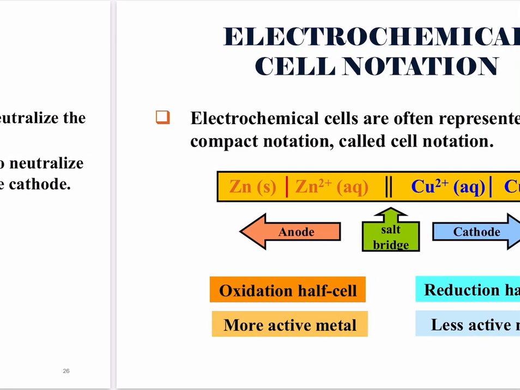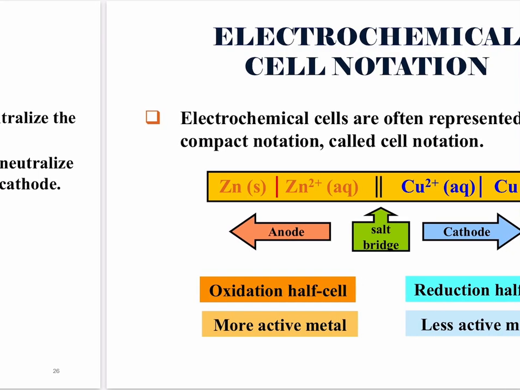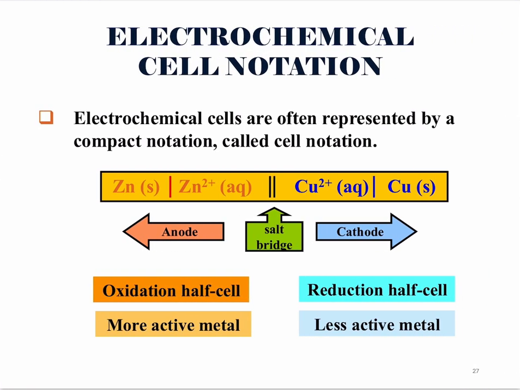And so the kind of way to represent these voltaic cells is called electrochemical cell notation. And all you have here is you have the two different species being oxidized or reduced in both of these reactions. They're separated by the double line, which means the salt bridge.